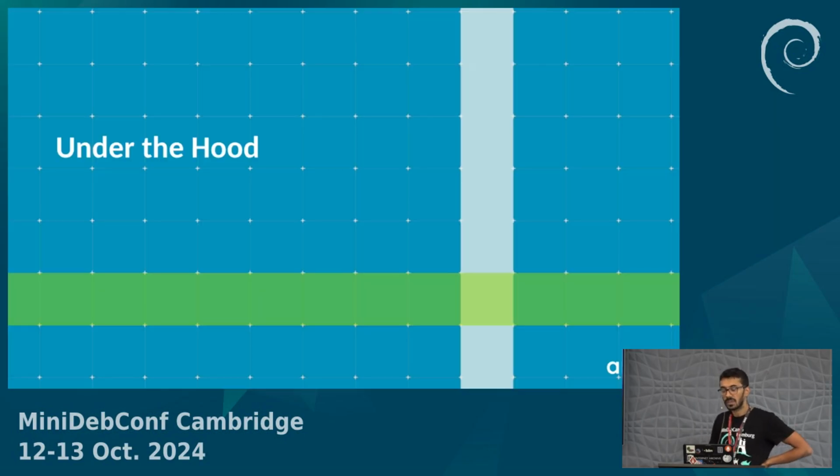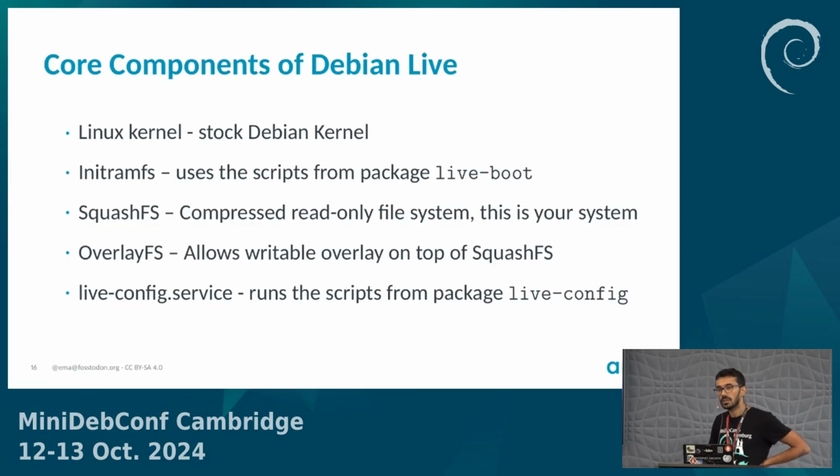Okay, now some more details about the implementation of Debian Live. These are the main components of the whole system. Unsurprisingly, there is a Linux kernel, which is the actual Debian kernel. So if you have a server running Bookworm, the very same kernel, the very same vmlinuz, is also on the live ISO. What changes is the initramfs you get.